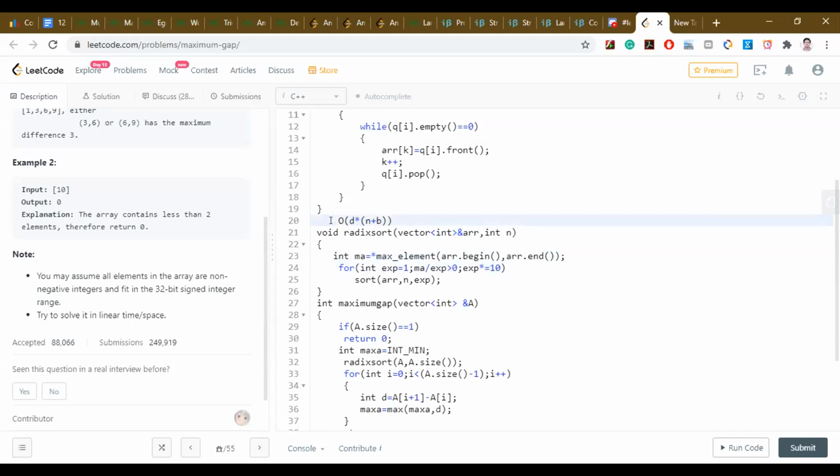So this gives an almost constant factor, but it's n log n only, right? Because d is actually of the order of log to the base b of k. So d is log n, right?